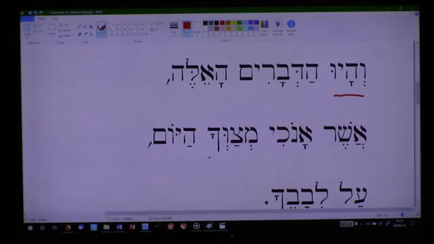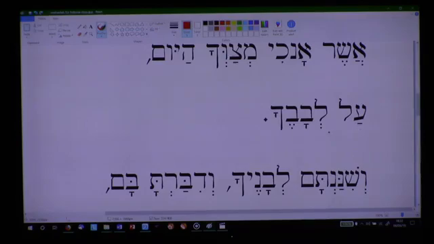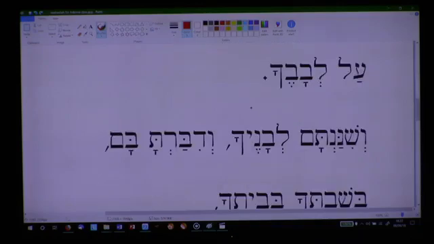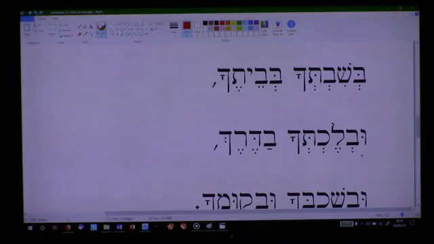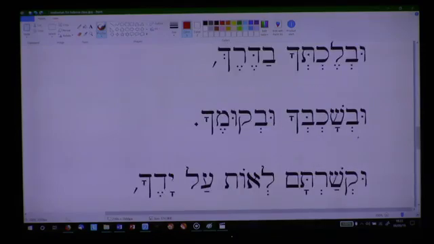Metzav ka hayom al levavecha. Vishinantam levanecha, vadibarta bam, beshivtecha, beve techa, uvlechtecha vaderech. Uvshochbecha, uvkumecha.